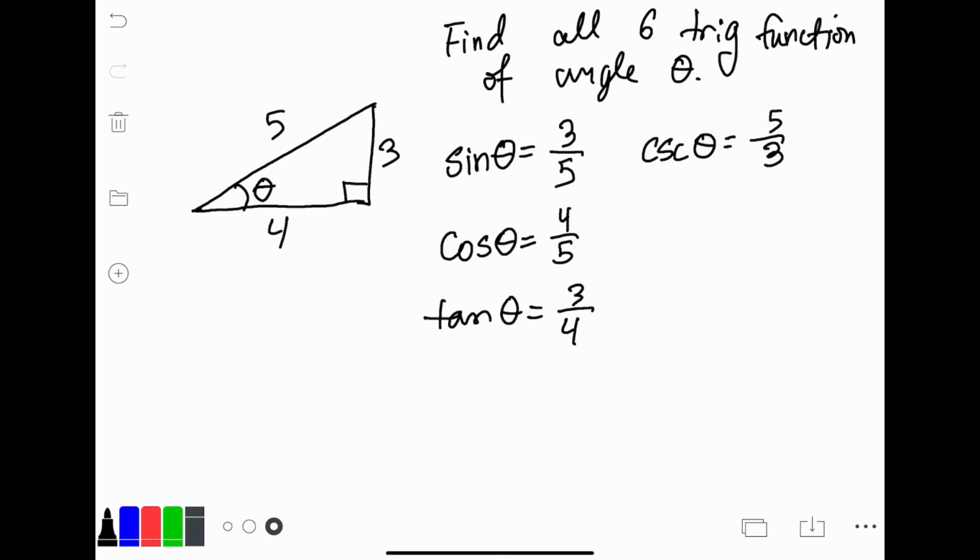The reciprocal of cosine is secant, and that would be 5/4. And last but not least, the reciprocal of tangent is cotangent, and that is 4/3. And that is the solution to this problem.